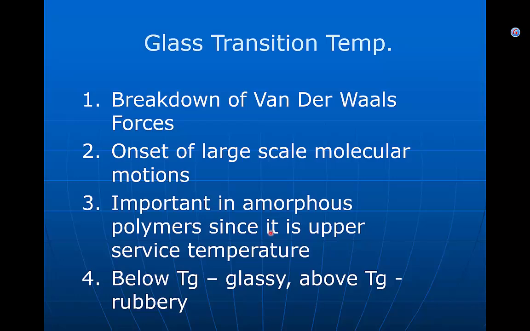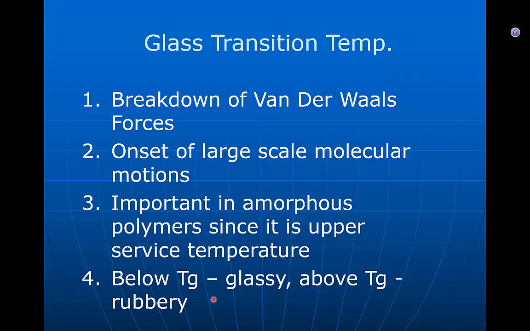There are other polymer categories we'll be talking about, particularly semicrystalline or crystallizing polymers, where the TG is maybe important because below the TG the polymer becomes brittle, but it isn't as much a limit on service temperature. So the key here is, below the glass transition temperature, the polymer is a rigid, glassy material. Above the TG, it becomes rubbery and flexible.